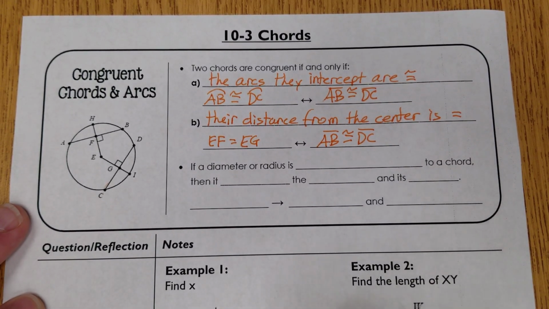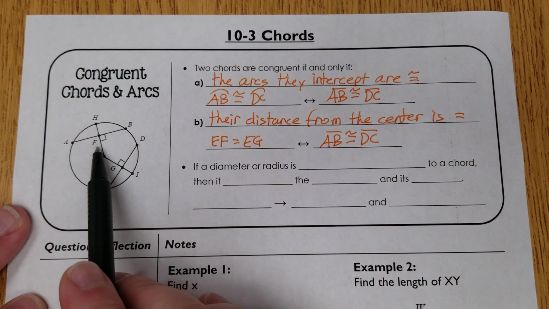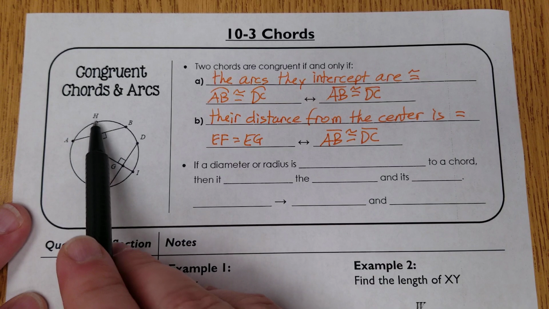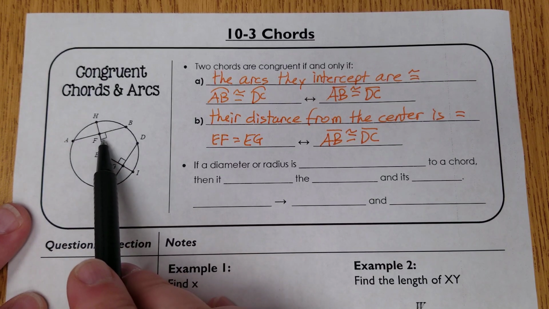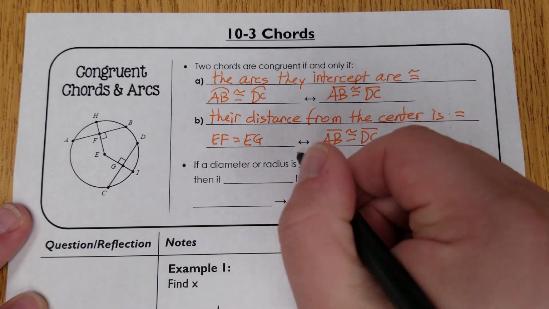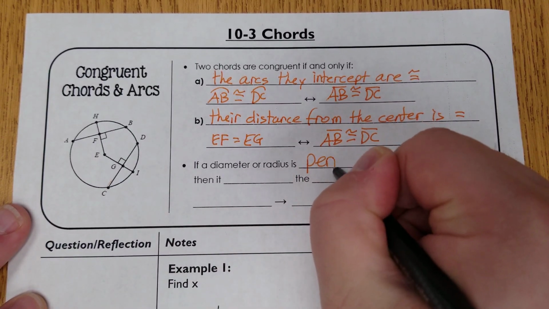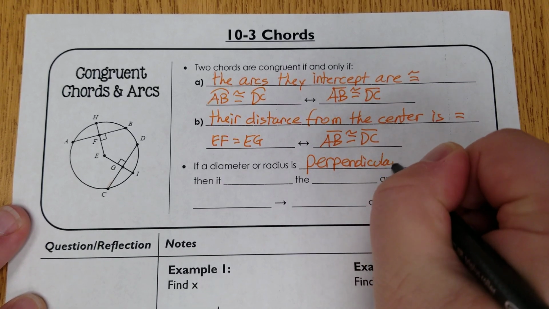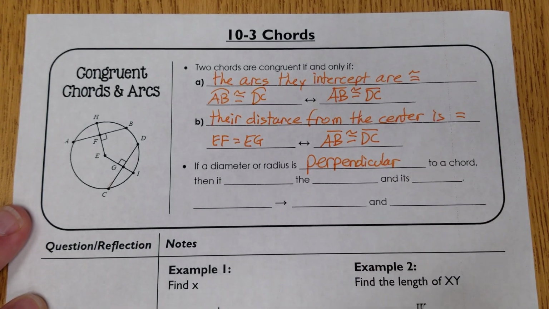The other key property that we have from chords and arcs is if we get a perfect perpendicular, which you notice this radius E to H is perpendicular to the chord, just like this one down here, E to I is. If a diameter or radius is perpendicular to any chord, it does a couple of things.